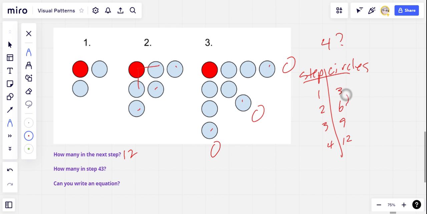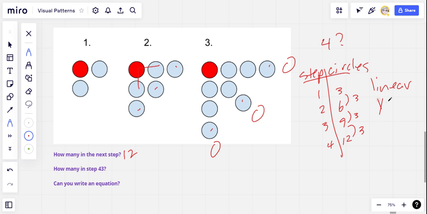And if we subtract to find the difference between each step, 6 minus 3 is 3, 9 minus 6 is 3, and 12 minus 9 is 3. And that's what we expected. We're growing by 3 every step, so the difference between steps is 3. When this number stays the same, it's a linear pattern. So our hunch is correct.